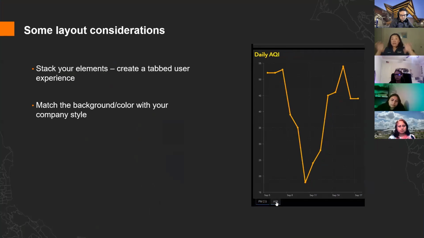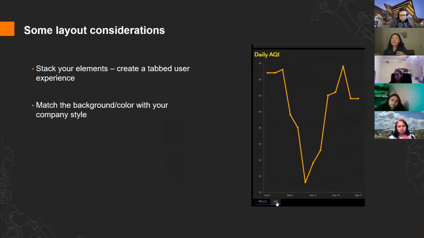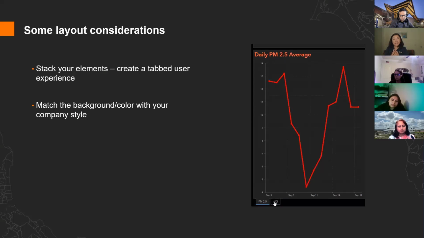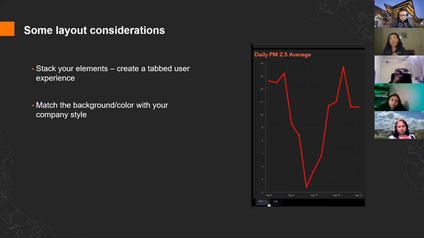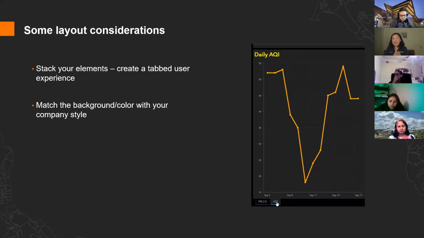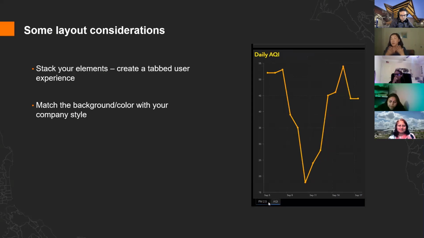Instead of having them side by side, which takes a lot of screen space, I can stack them together to create this tabbed experience. You can always match the background color with your company's style. Say you're designing something for Kapoly, you might want to use this Kapoly green color, which makes it fit in more for your organization.